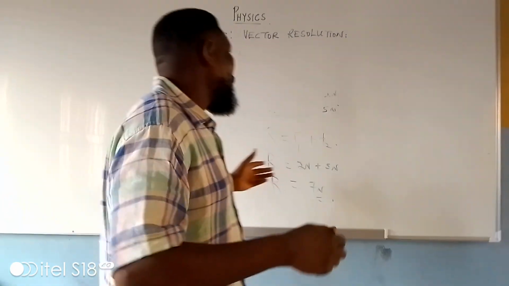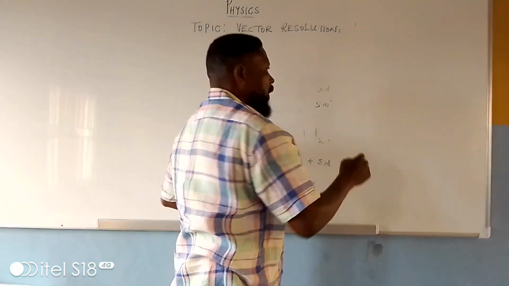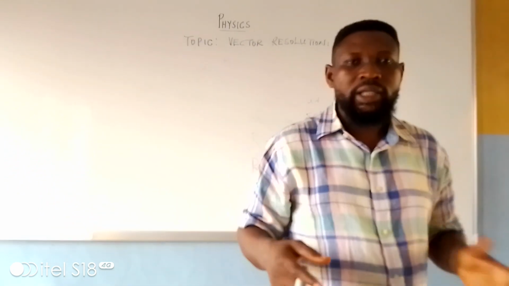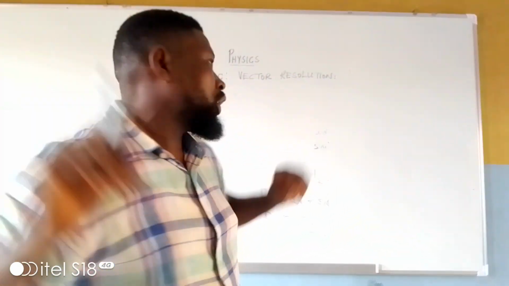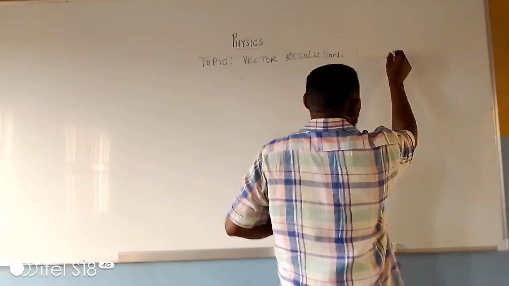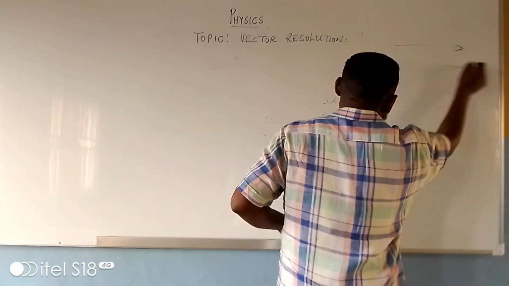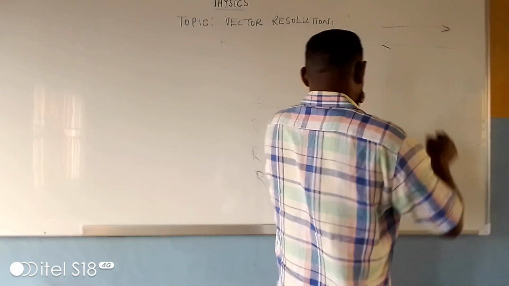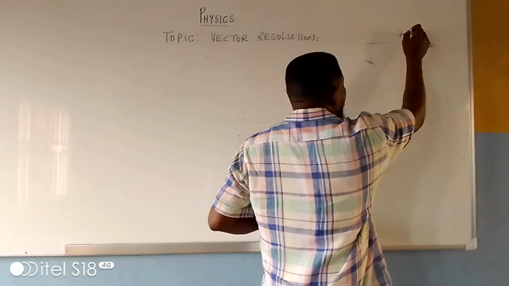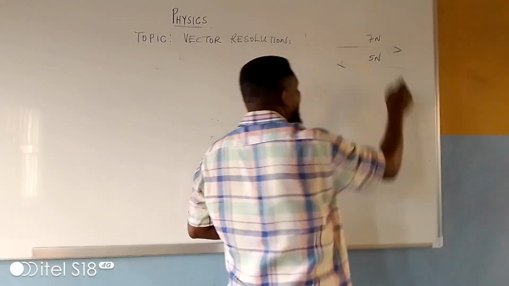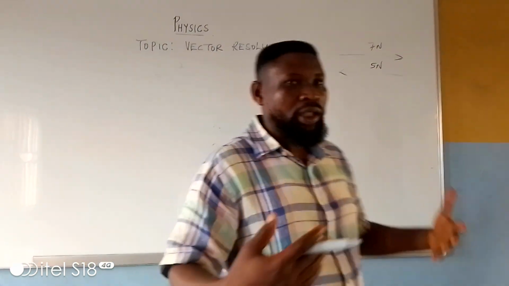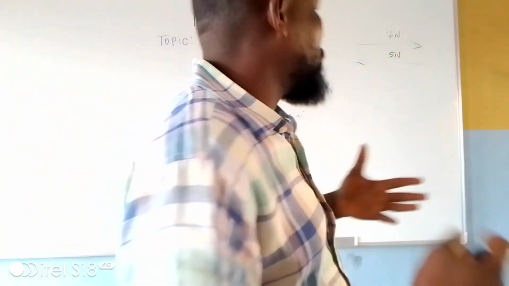Now, we want to consider the second case. In the second case, we have two forces acting in opposite directions to each other. In that case, we also use a diagram to illustrate that. This force can be 7 Newton, this is 5 Newton. These two forces are acting in opposite directions to each other.